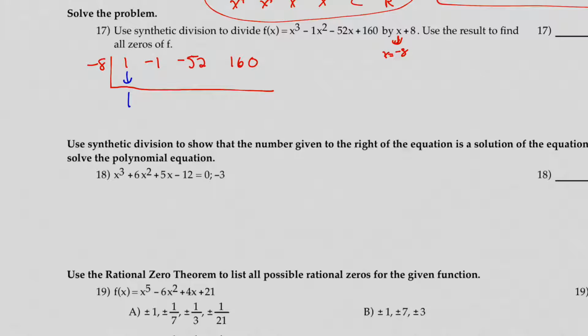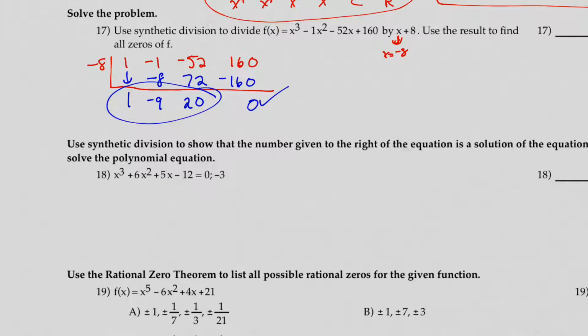So we're going to bring down the 1, multiply the negative 8 times that result, which is going to be negative 8. Combine negative 8 and negative 1, make negative 9. Multiply negative 9 and negative 8, that's going to give us positive 72. We're going to subtract it, 20, negative 160, and there's our 0.